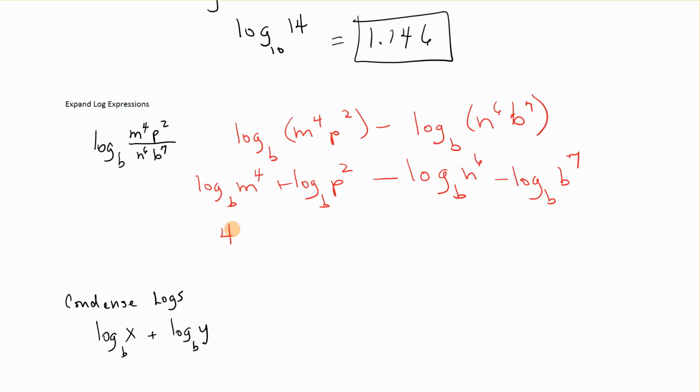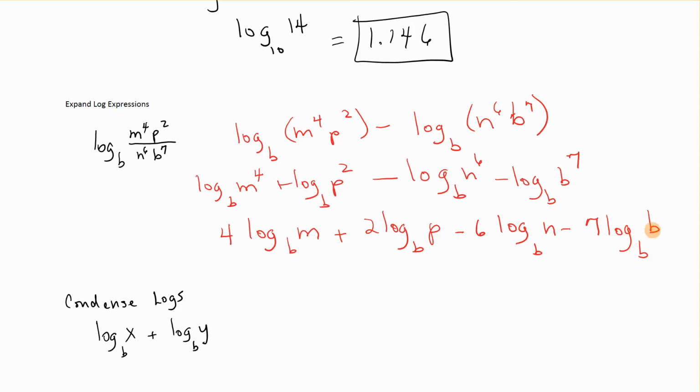So we have 4 log base b of m plus 2 log base b of p minus 6 log base b of n minus 7 log base b of b.